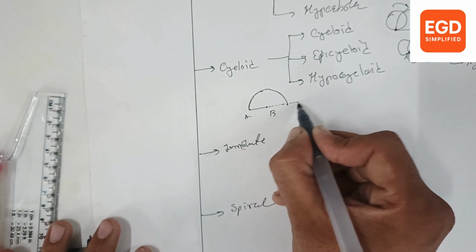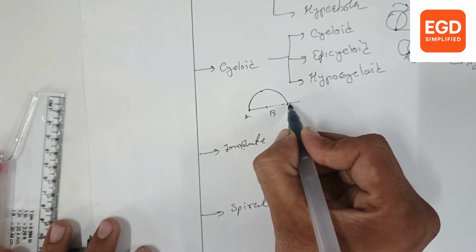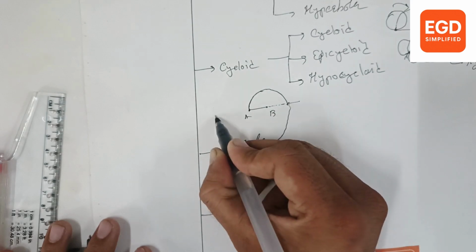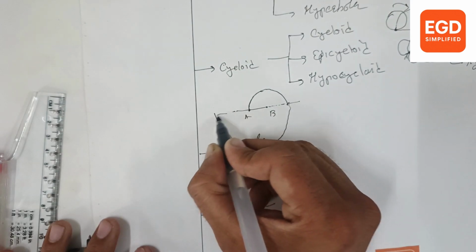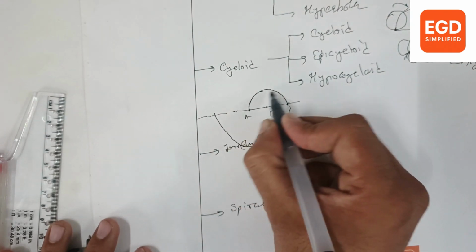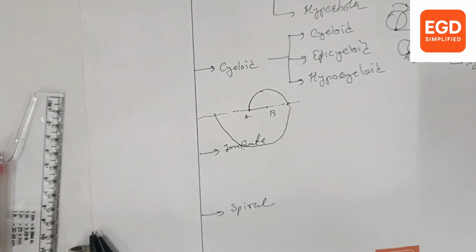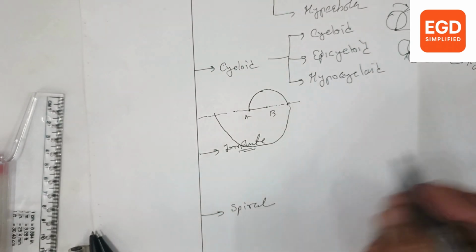After that, the center point will change, it will make point A the center and it will unwind like this. So the entity generated by tracing the end path of the unwinding string is called an involute.